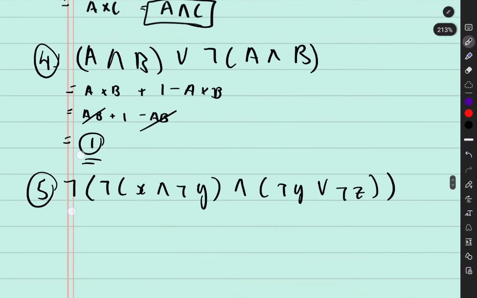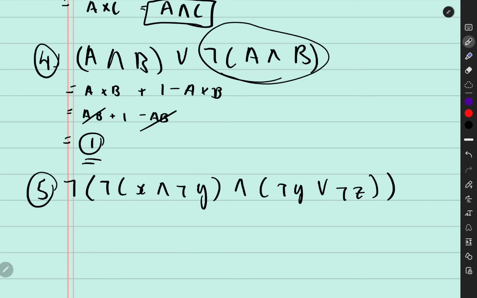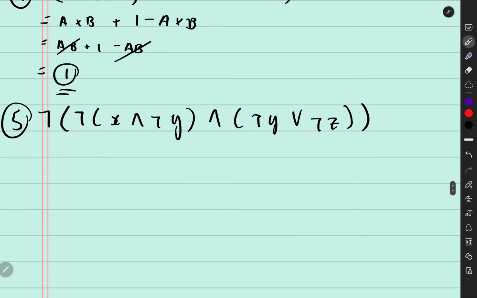Okay. 5. Now, this is De Morgan's scenario. In here, you could have used De Morgan's, but you don't really need to do it when you have AB and AB here, right? But in here it's different because you have 3 different variables. So now you apply De Morgan's in this case.